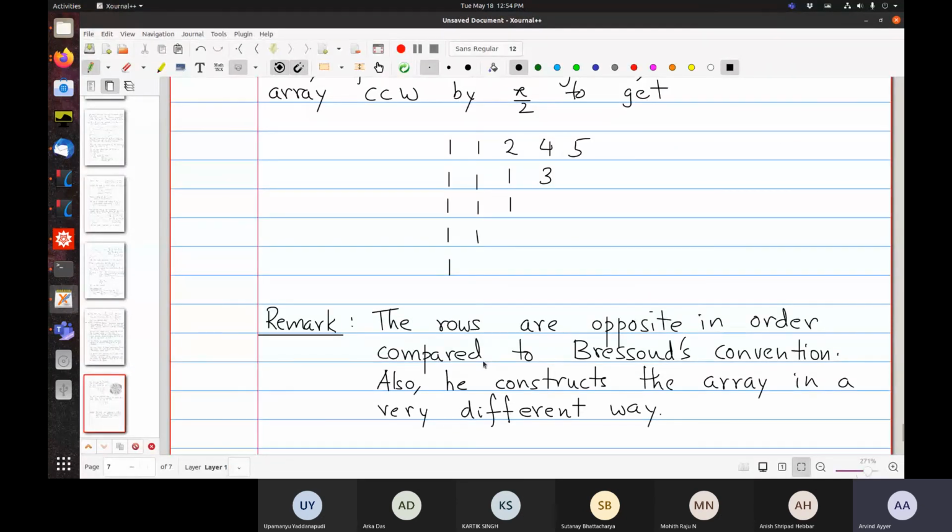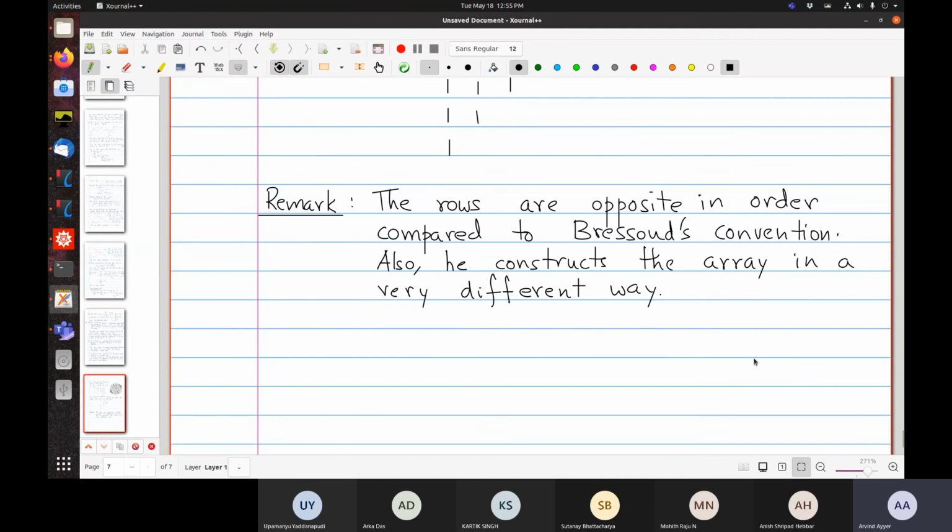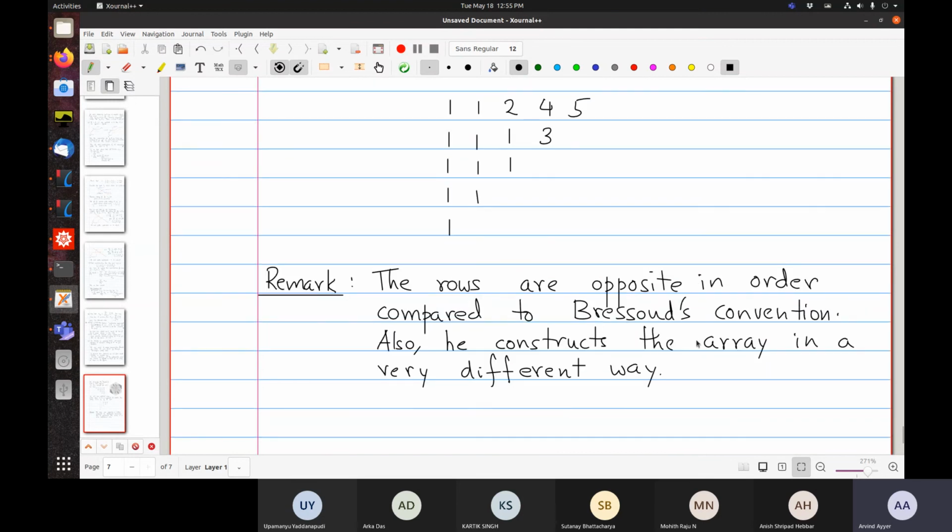But I find this a much more natural way of thinking about it. So the first part is a warning if you are reading the book, and the second is you might want to look at his construction to compare. Ultimately they are the same, but I find this way of thinking about it much more natural.